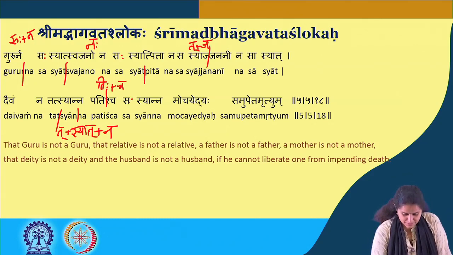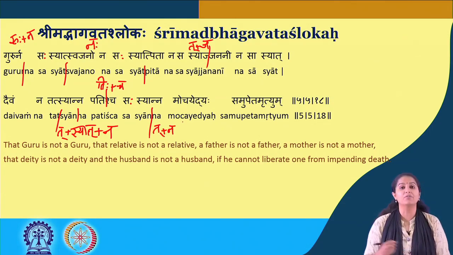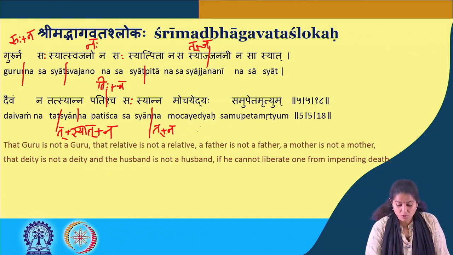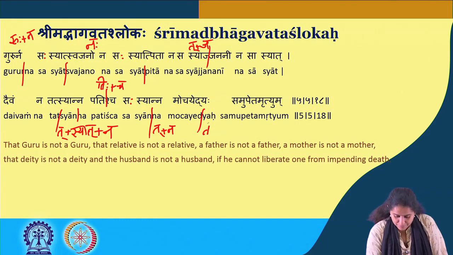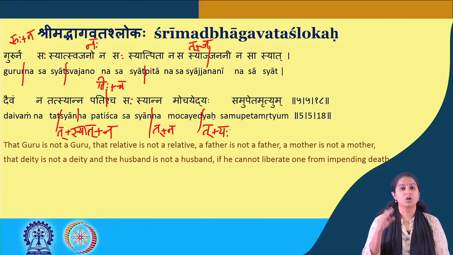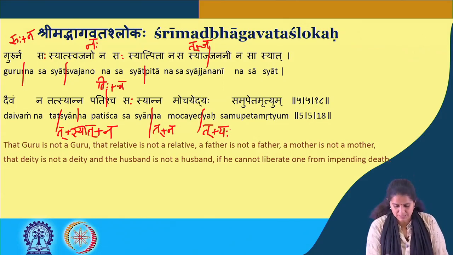So that will be sa, and then syan is here, it is syat plus na. So you see there is a doubling of the consonant there. And then mocha yedyah. So mocha yedyah is actually mocha yet. Again we have a vidhiling there, plus yaha. So you see how the consonant tends to become another consonant, accompanying consonant there. Samupeta mrityum.